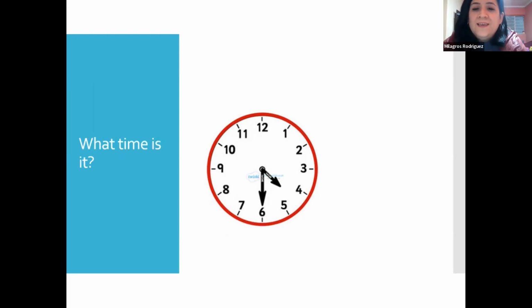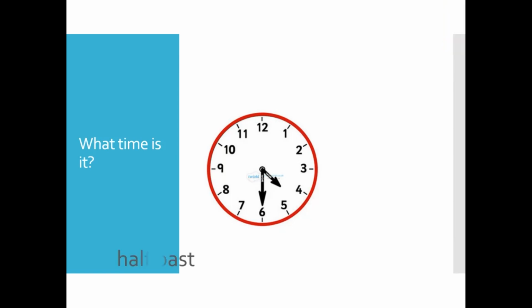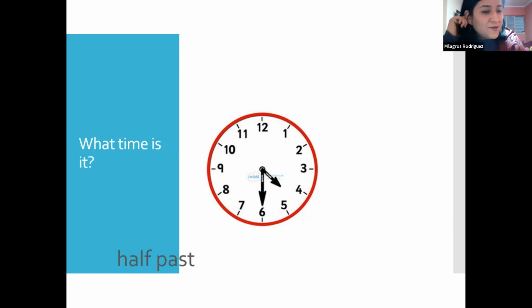When we have 30 minutes, we can use another expression, half, right? Half past 4 or half after 4, which means 4:30. Good.